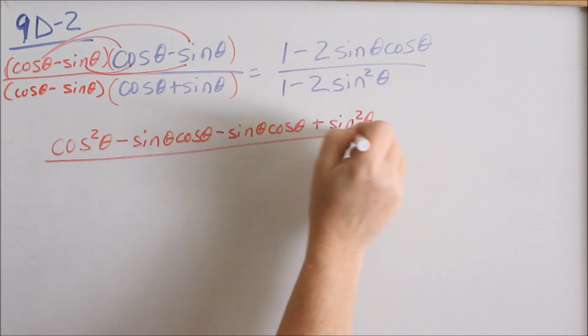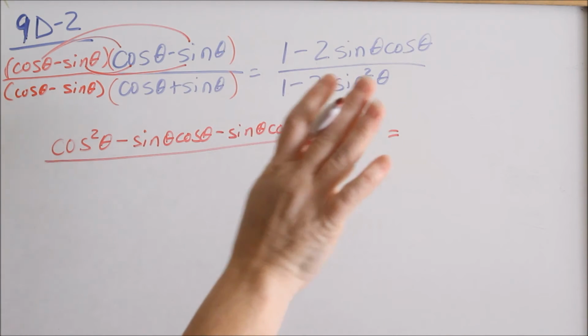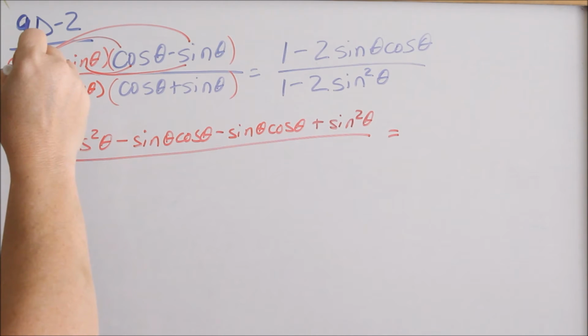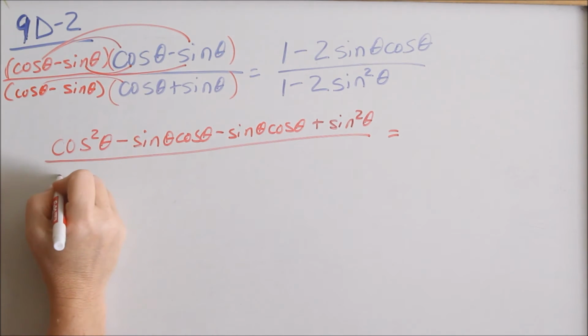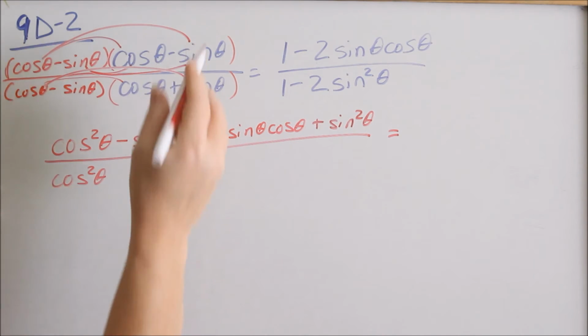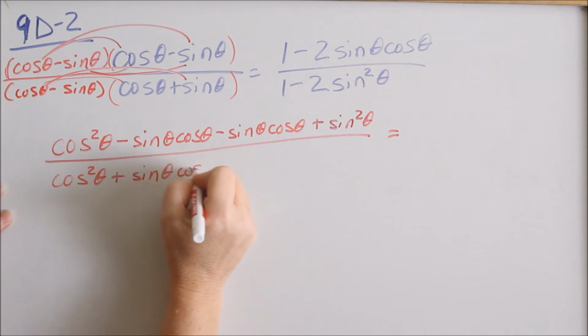That was just all foiling out the top, okay? I don't believe we're going to change the right hand side. We're just going to work on the left side. Now let's foil out the bottom. Cosine times cosine, cosine squared theta. Cosine times a positive sine, positive, and I'm going to write my signs first.